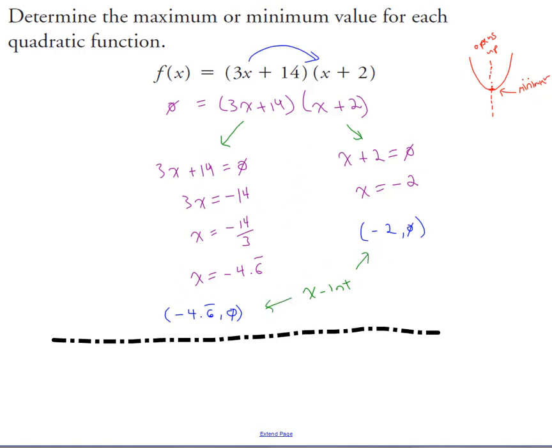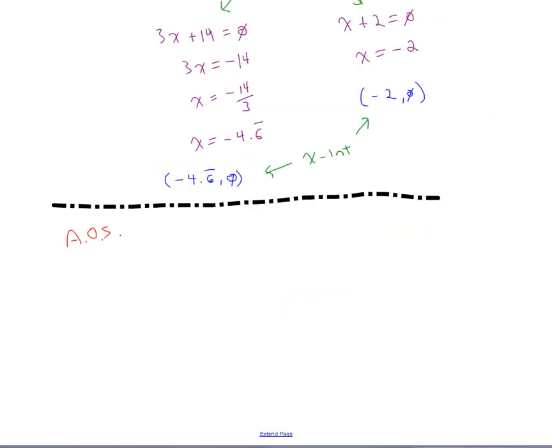So my axis of symmetry, let's do that one. I find my axis of symmetry just by finding the average of my two x-intercepts. So I'll say axis of symmetry, x is going to be equal to negative 4.6 plus negative 2. I'm adding them together, I'm dividing by 2.